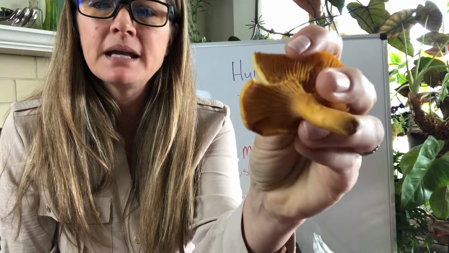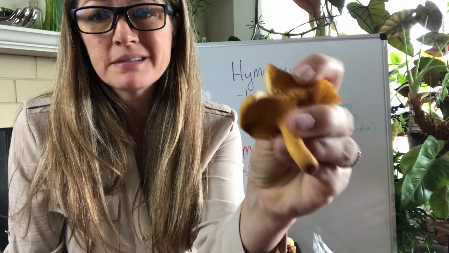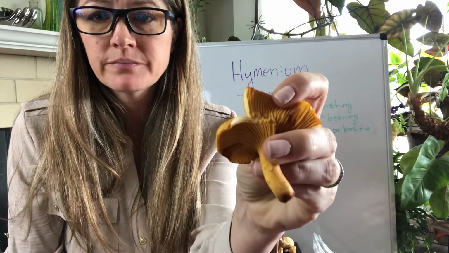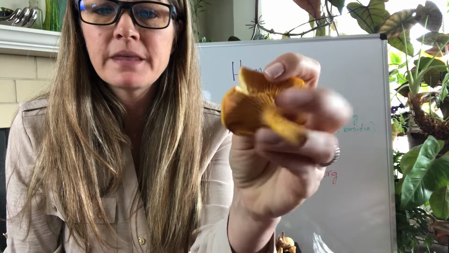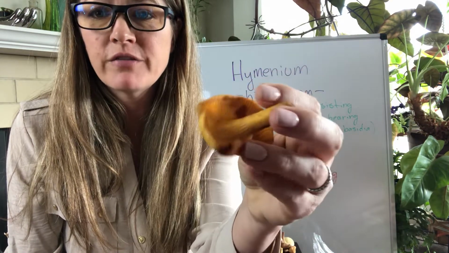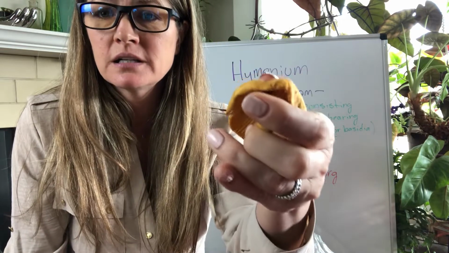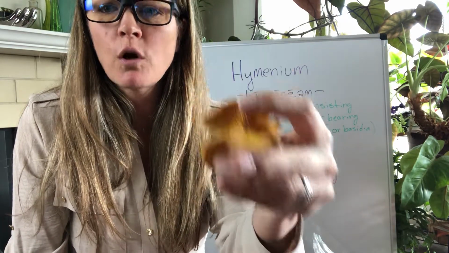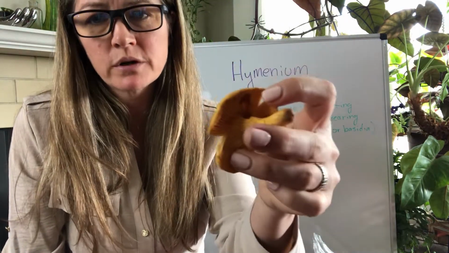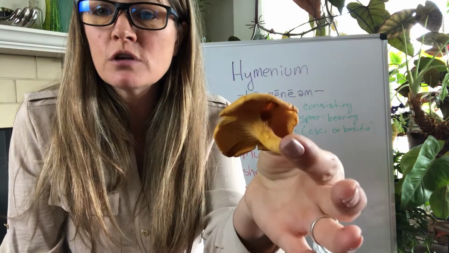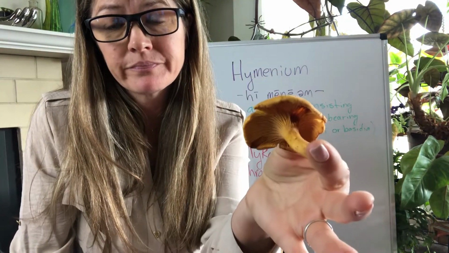So a thickening hymenophore means that this structure will produce basidia and drop spores, and then the cells of the mushroom will grow and extend beyond the basidia and grow more basidia and drop more spores, and will continue to do so for up to a couple of weeks.